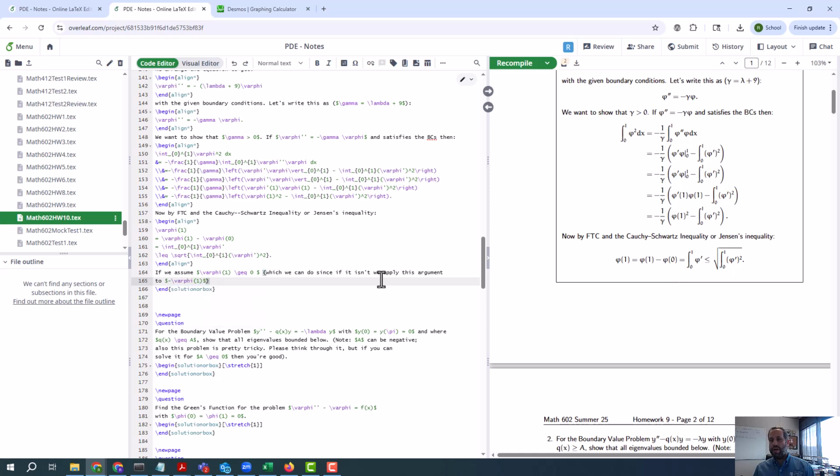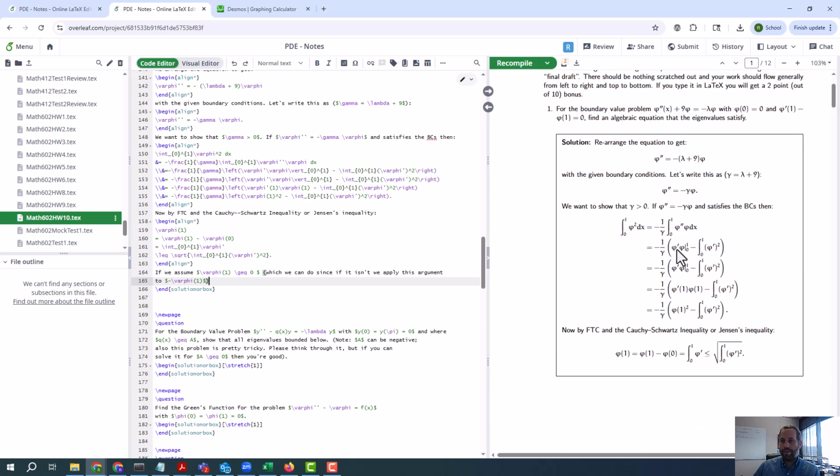Okay, because notice that any multiple, all we're assuming right here is that phi double prime satisfies this equation. If phi of 1 is negative, we can multiply both sides of this by minus 1. The equality is still true, and now phi of 1 is going to be positive. Okay, so we can always make that, and the boundary values are also going to be true, right?